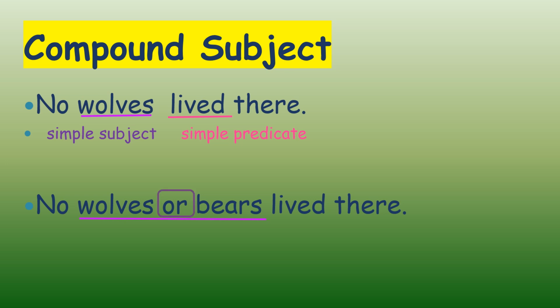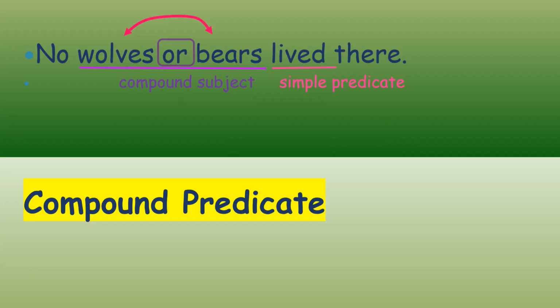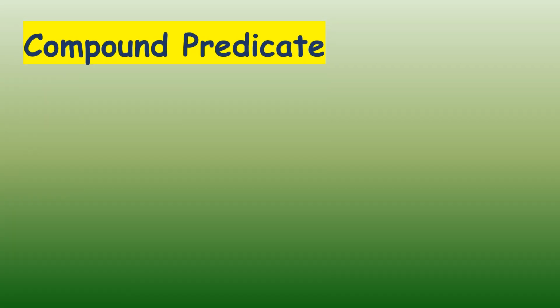They are joined together with the conjunction or. That's why we call them compound subject. Compound subject for the same simple predicate lived. No wolves or bears lived there.